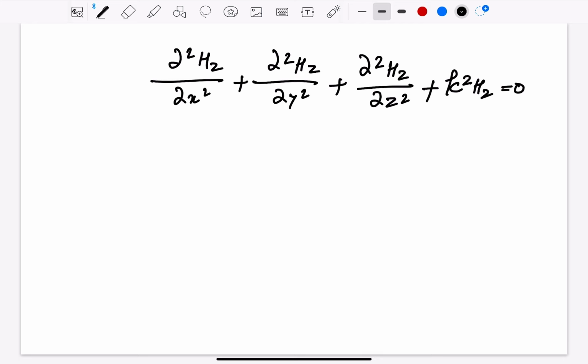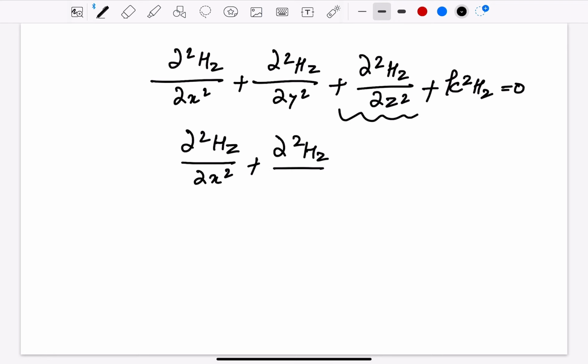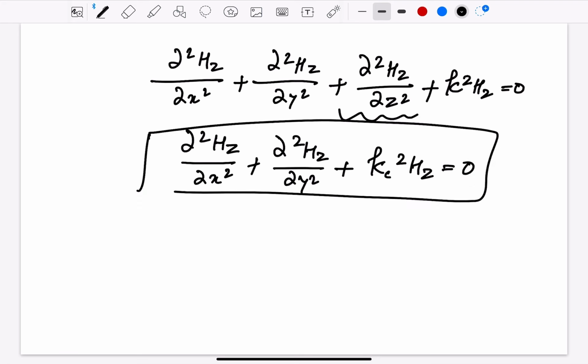We saw how we can write these things, and finally you can write this equation as ∂²Hz/∂x² + ∂²Hz/∂y² + kc²Hz = 0. So this is the final equation.